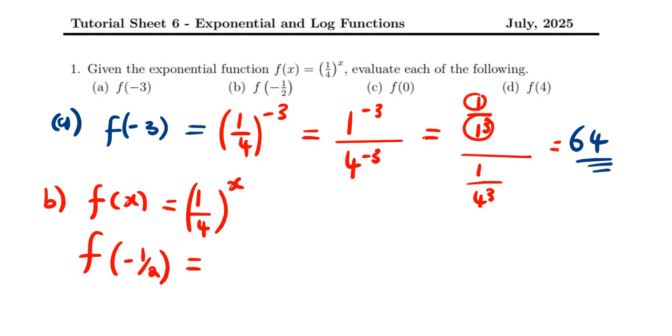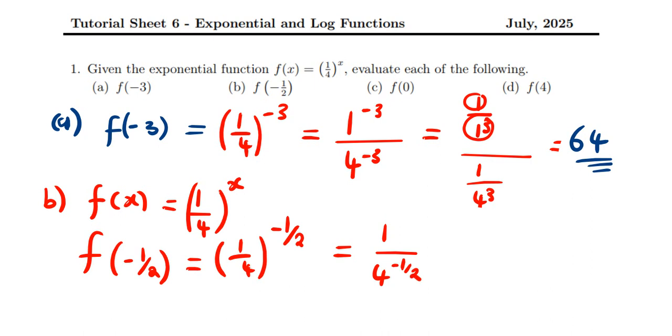So we have 1 over 4, then to the power negative 1 over 2. This power is going to fall on 1 and on 4. Now when it falls on 1, 1 to the power anything is going to give you a 1 still. So let me say this is just a 1 on top, over 4 to the power negative half.